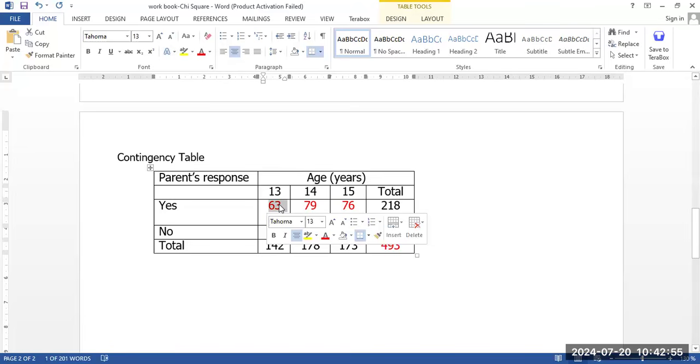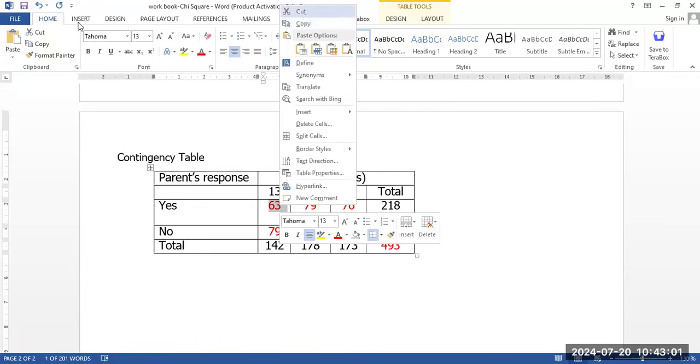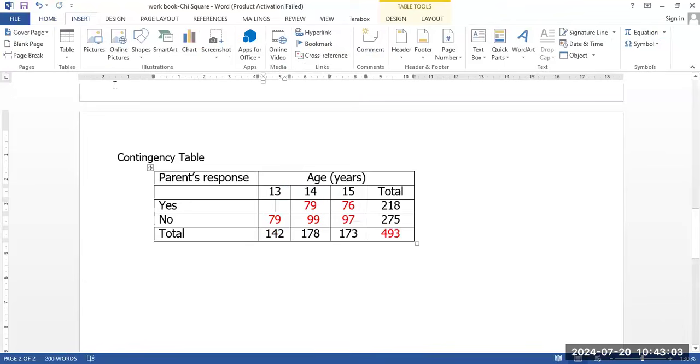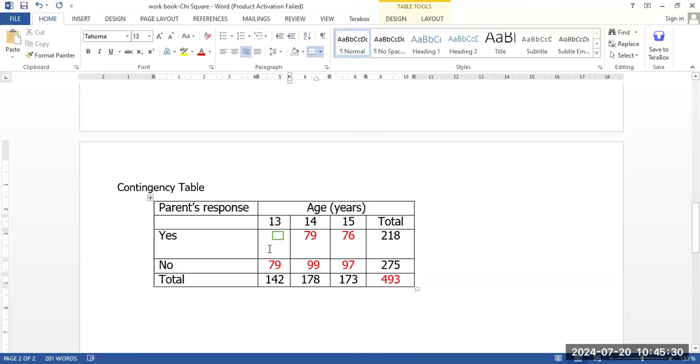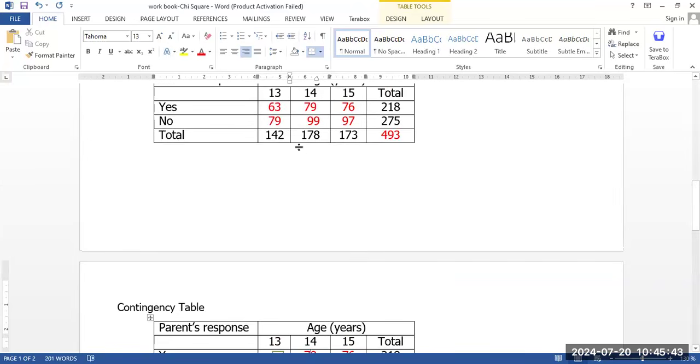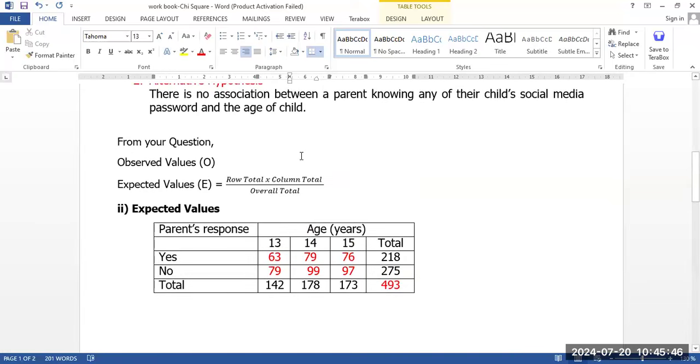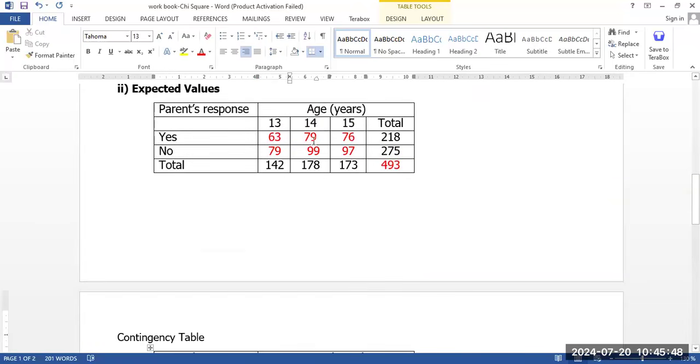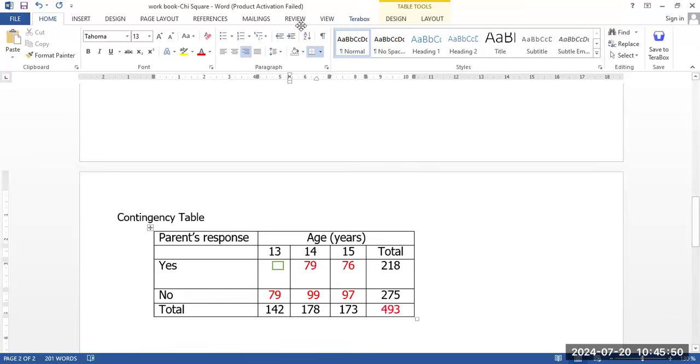Then you put it in a box. You can just construct it somewhere, a little box. Put observed value. Do the same here, put a box. Then in your box, you put expected value 77. Then below that box, you put observed value. You just go to the question.